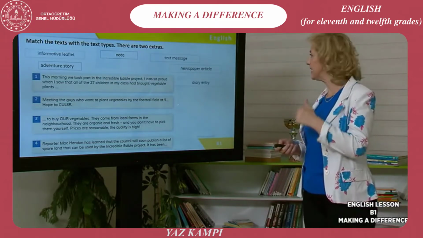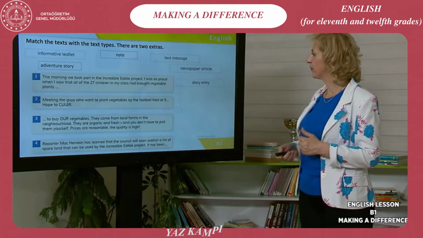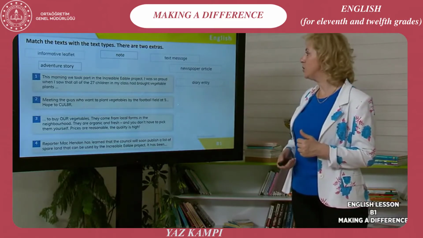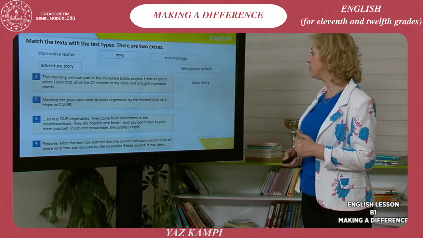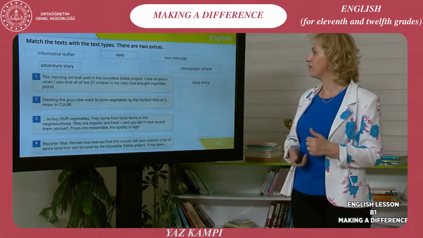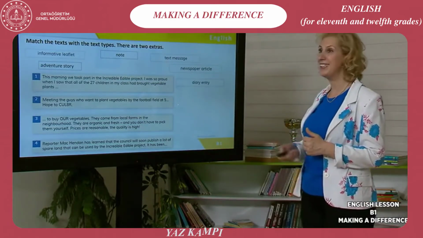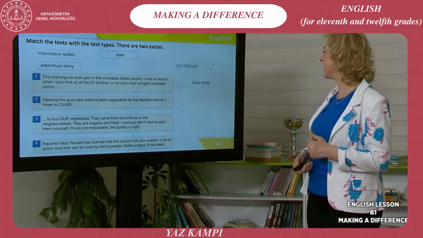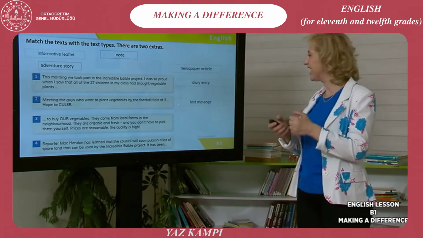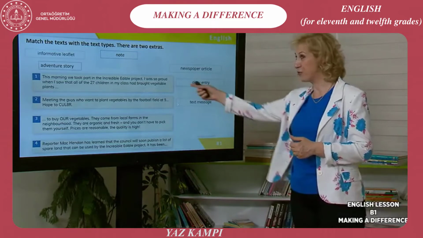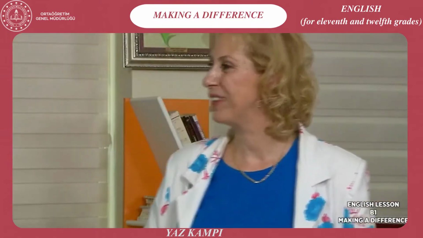Yes, this is a diary entry. "Meeting the guys who want to plant vegetables by the football field at 5. Hope to see you later." Yes, this is very good. Text message. You're texting and you use these abbreviations. I'm sure you know them.